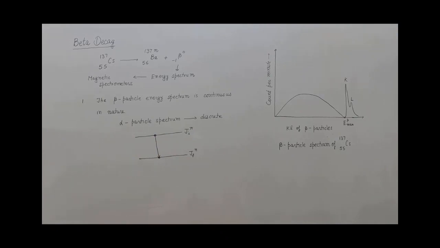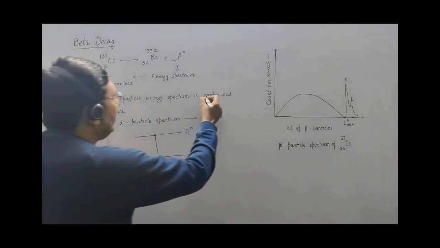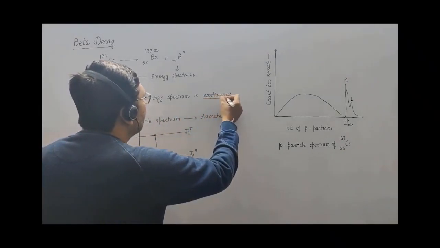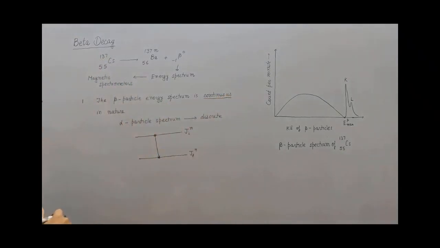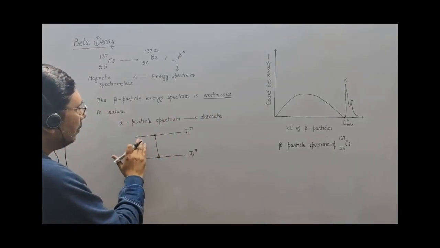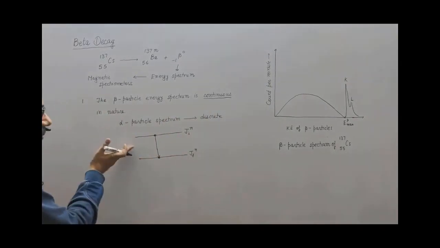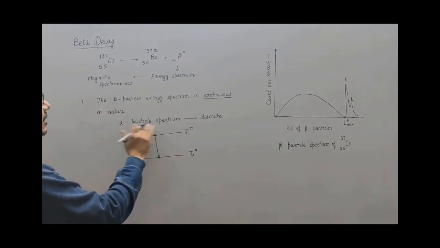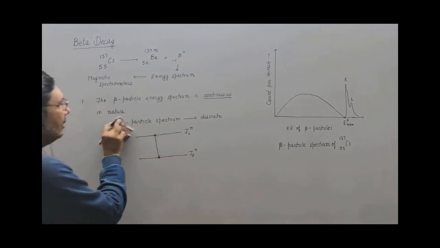But here we are getting a continuous spectrum, so one cannot explain it on the basis of what we used to explain the discrete nature of the alpha particle spectrum.